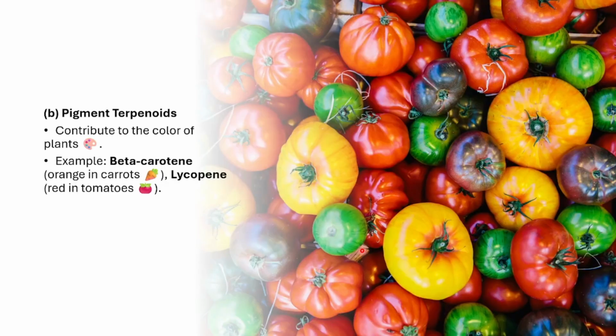Pigment terpenoids actually contribute to the color of the plants. Example is beta carotene: the orange color in carrots is due to the presence of beta carotene, and lycopene is what normally generates the color of the tomato.